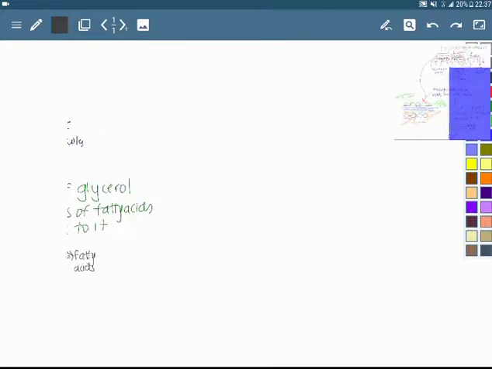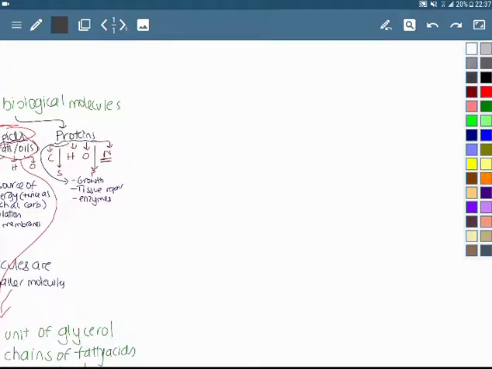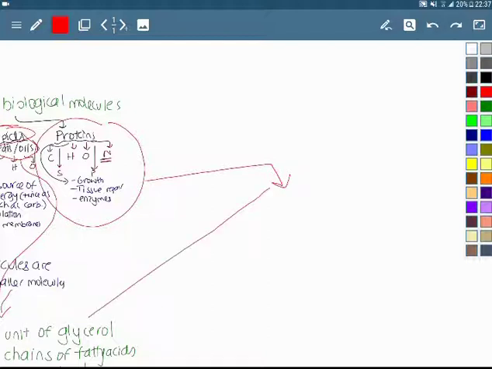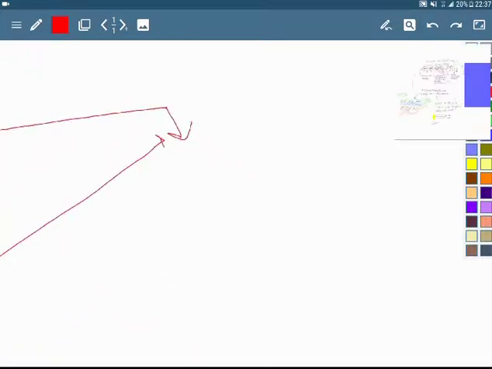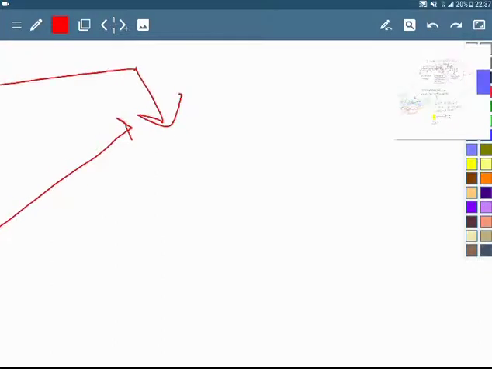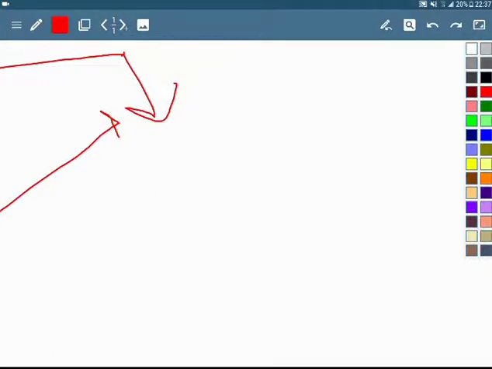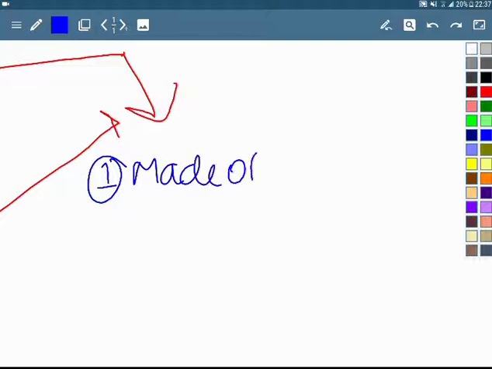Okay, now for proteins. I'm going to talk about proteins over here because it's the longest part. Okay, now proteins, they are made of, it's a really good idea if you write this down because it's important.